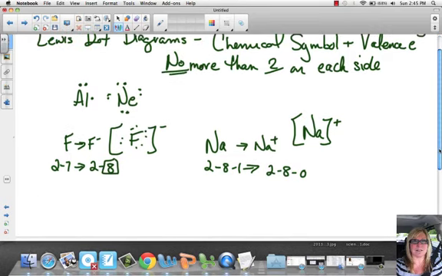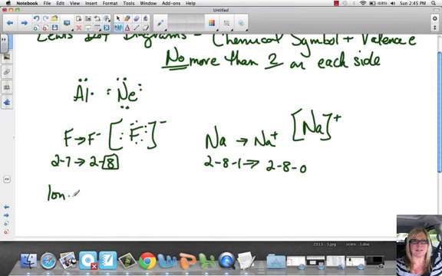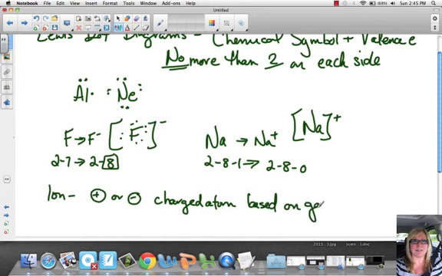Remember that when we form an ion, it is a positively or negatively charged atom based on the loss or gain of electrons.